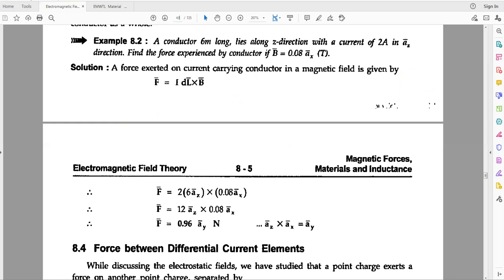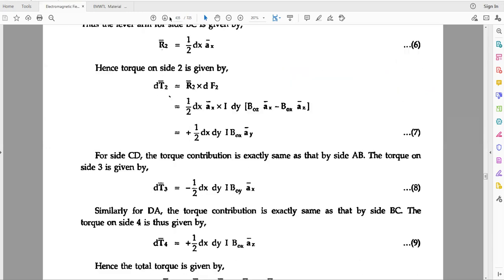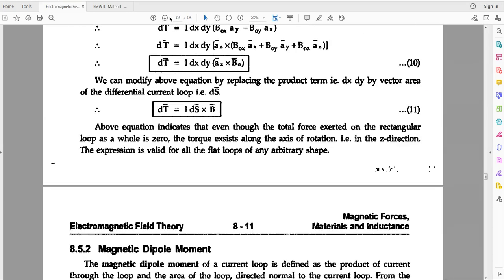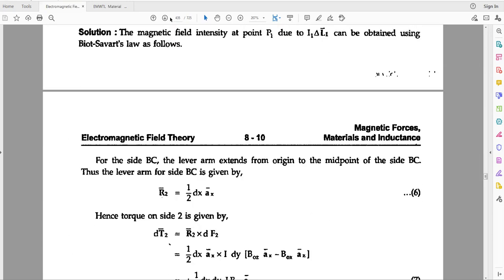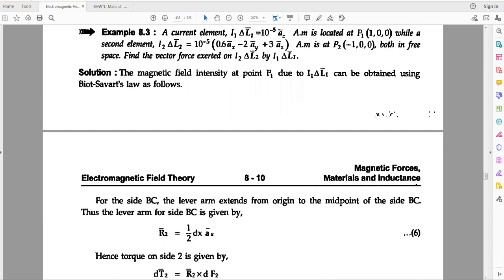The next example. A current element I1 delta L1 bar, the two functions we have, I delta L or I dl bar.